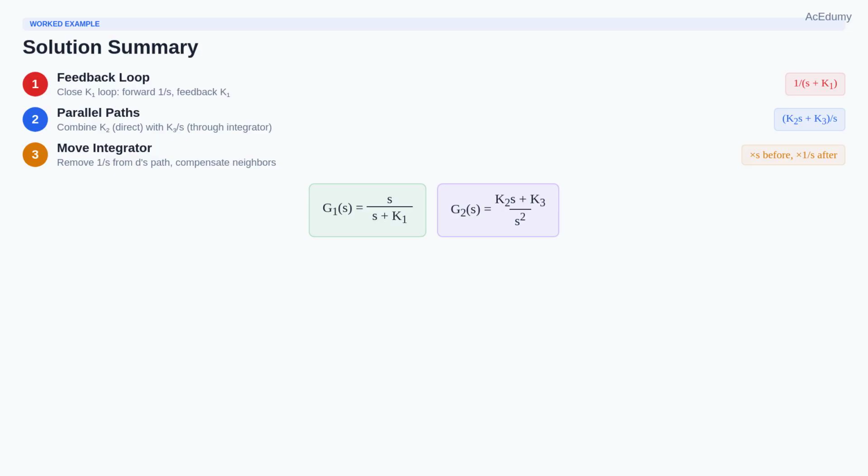We moved the disturbance integrator by multiplying the forward path by S and the output path by 1 over S. Final result. G1 of S equals S over S plus K1. G2 of S equals K2S plus K3 over S squared. 3 rules, 3 steps, done.